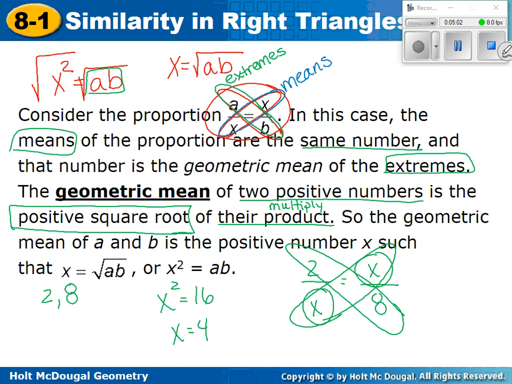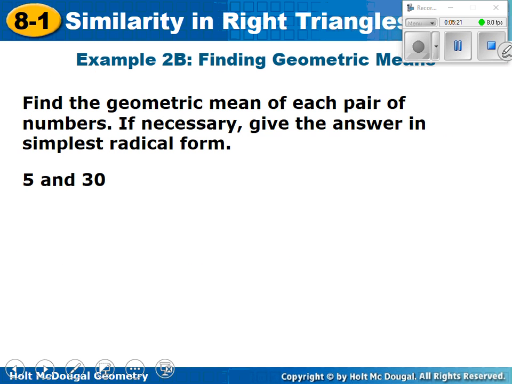So you could do this, but that's the long way, or you can just memorize that the geometric mean is just the product and then the square root. So take 2 times 8, multiply, you get 16. Take the square root, you get 4. So geometric mean is just the square root of the product.